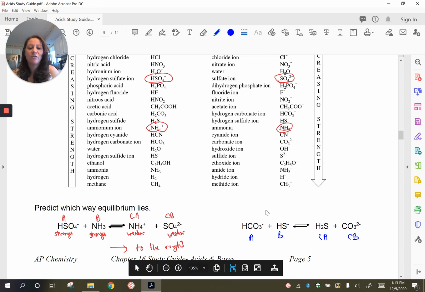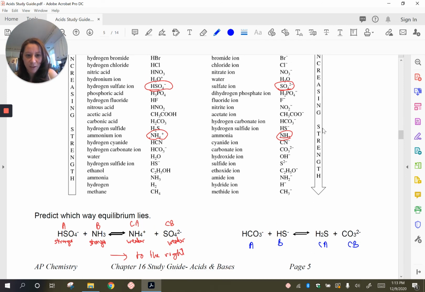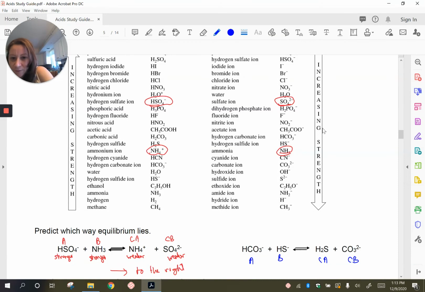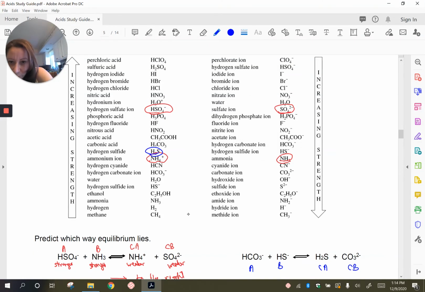So I'm going to look for my acids HCO3 minus and H2S on my table here. So H2S is right here. HCO3 minus is right here. So which one's the stronger acid?